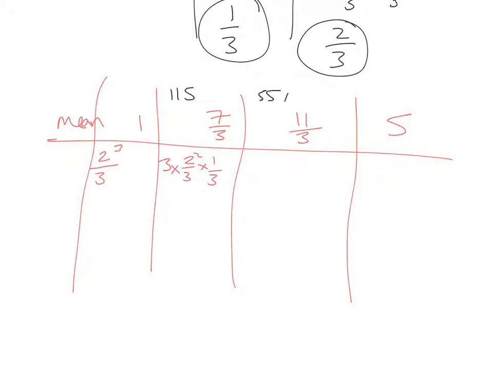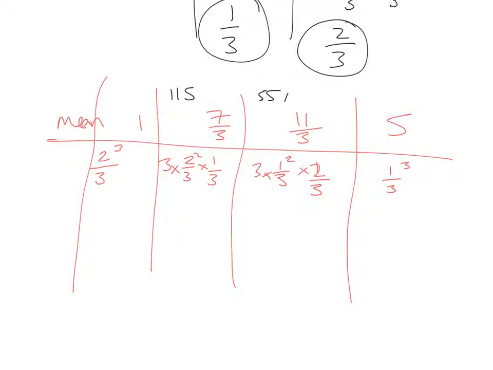So we would do 3 times 1/3 squared times 2/3. And then finally, where the mean is 5, that's where we pulled out 3 5s, and the probability of that happening is 1 over 3 cubed.